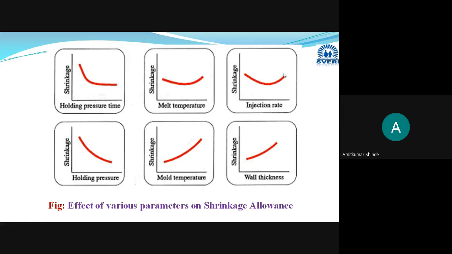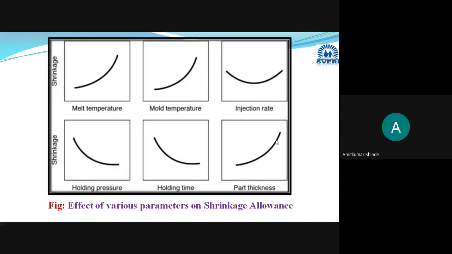So these are some parameters which affect the shrinkage allowance. Among them, holding pressure time, mold temperature, melt temperature, and wall thickness are some common parameters that affect the shrinkage allowance.